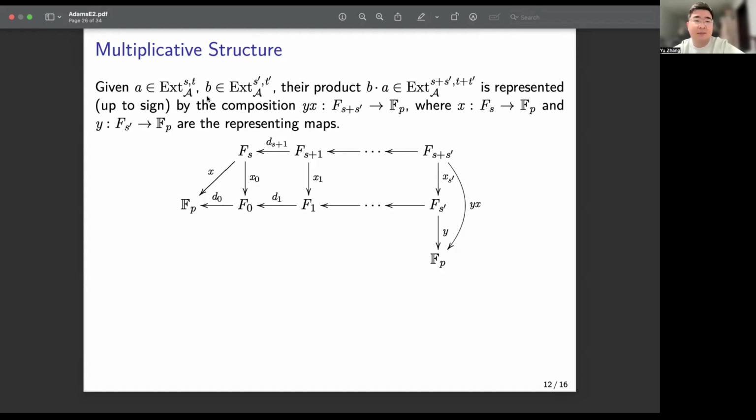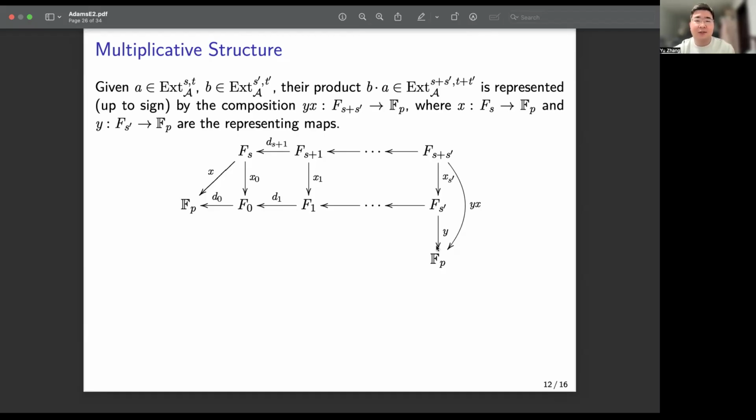Similarly, for another element b in the Ext group, I can find a representative as a map from F_s' to Fp. So now I have two maps, x from F_s to Fp and y from F_s' to Fp. To compute the product y times x, we need to take a lifting of the map x as a chain map between the resolutions, and then I take the composite.